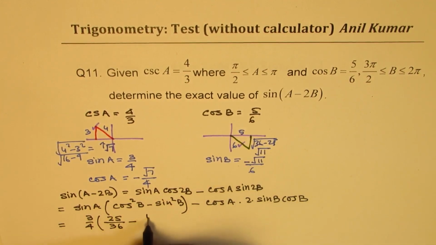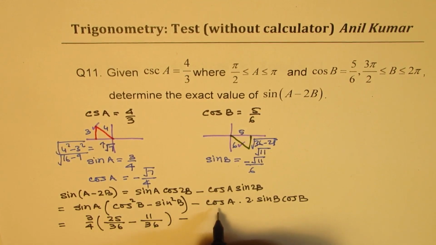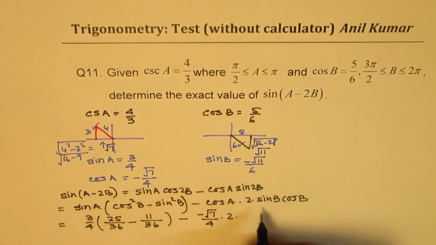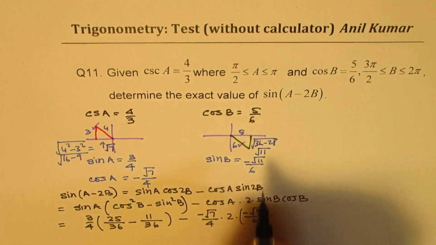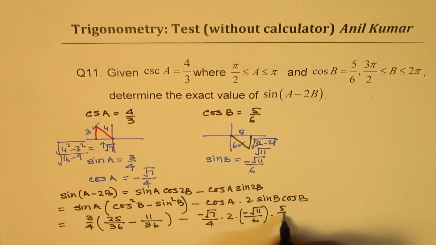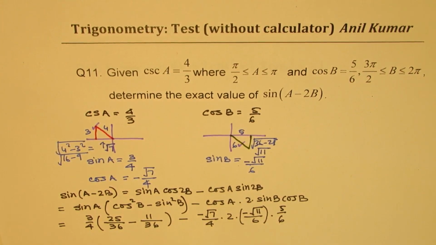So it becomes 11 over 36, minus cos A, which is minus square root 7 over 4, times 2 times sine B, which is again minus, so we'll write minus square root 11 over 6, times cos B, which is 5 over 6, correct? So these are the values to work with.